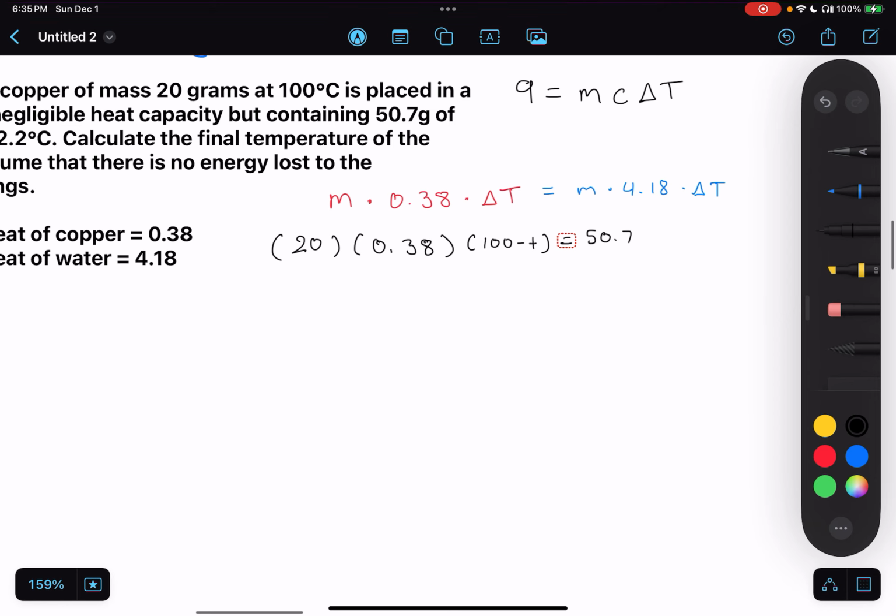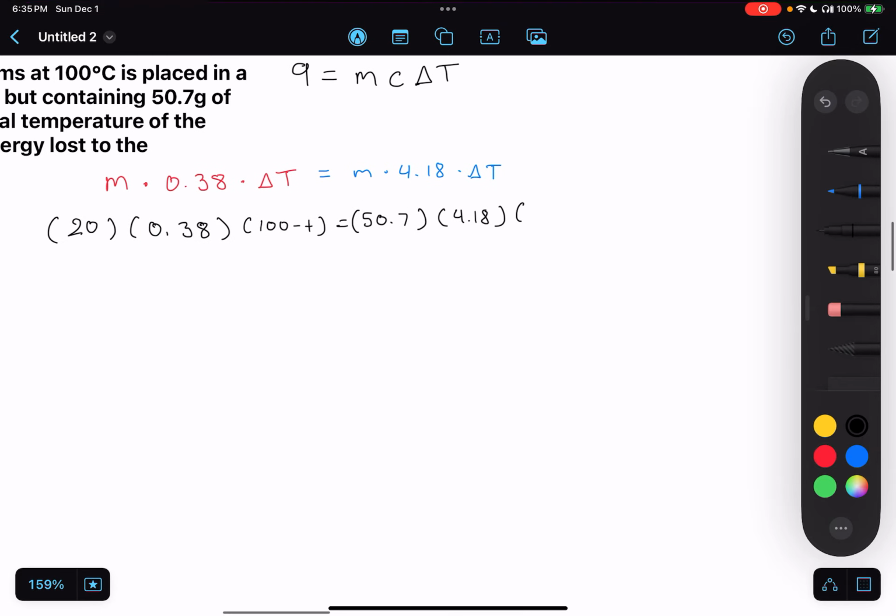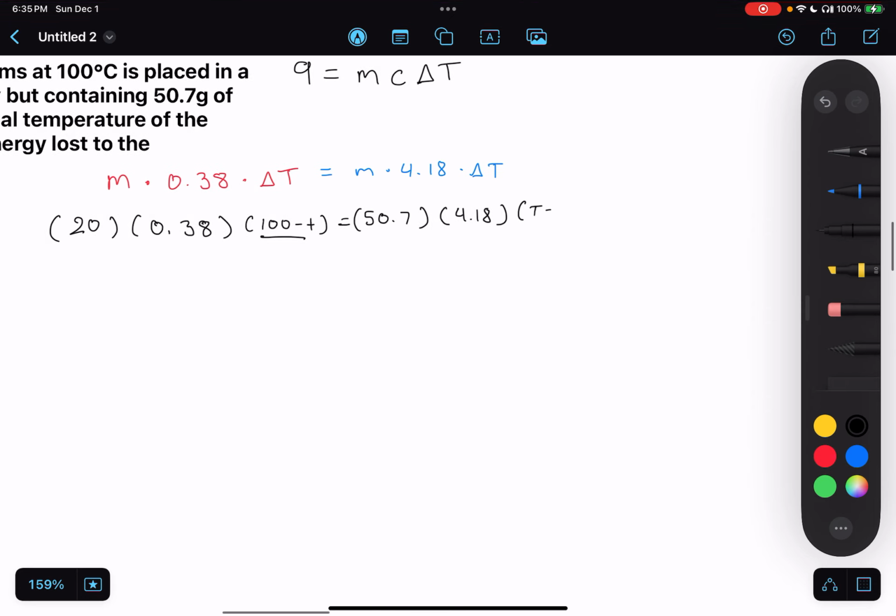Times 4.18. And then the change in temperature. Well, actually, this is going to be the opposite of our change in temperature for copper, because remember, the copper is losing heat and the water is gaining heat. So T minus 22.